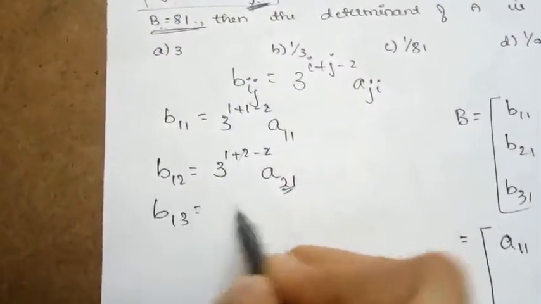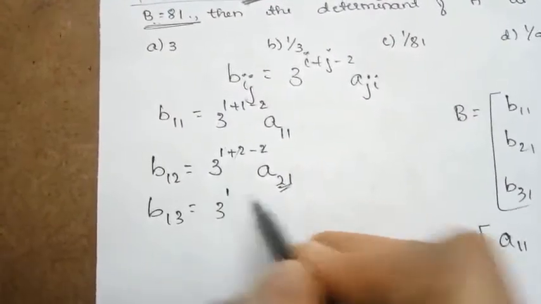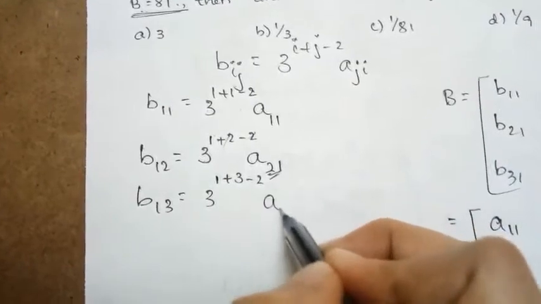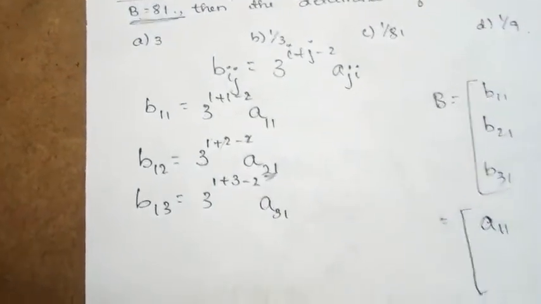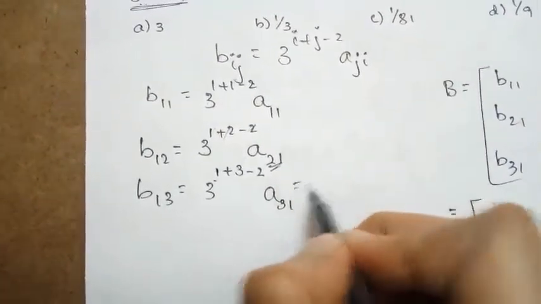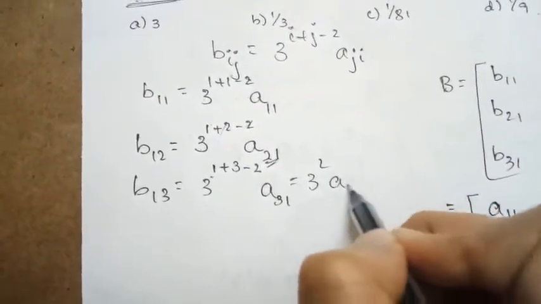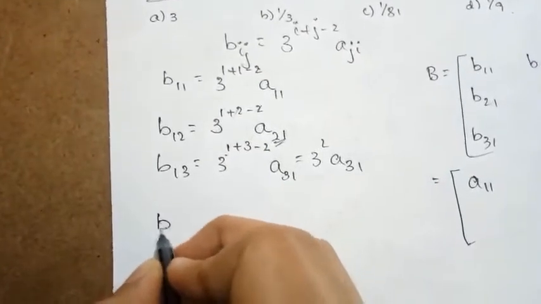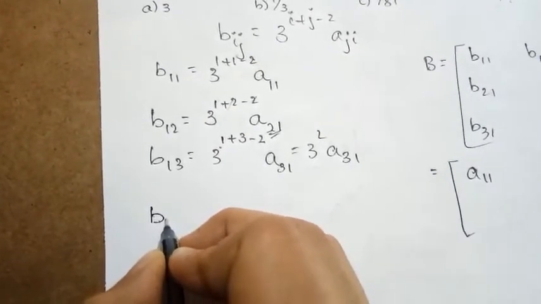Next is B13: 3 to the power, value of i is 1, value of j is 3, minus 2, A31. So 3+1 is 4, minus 2, it is 3 square A31. So our third element is 3 square A31. Similarly we can find B21.